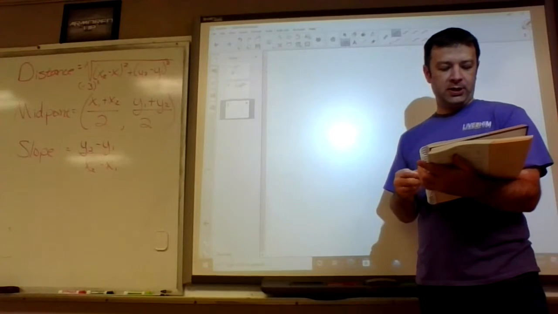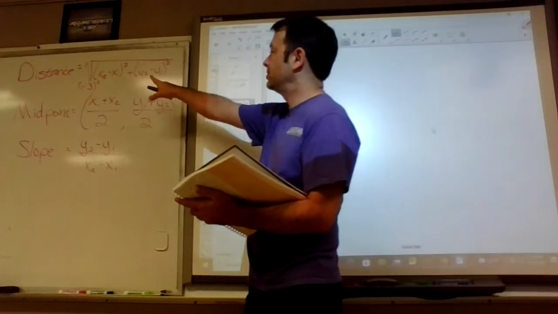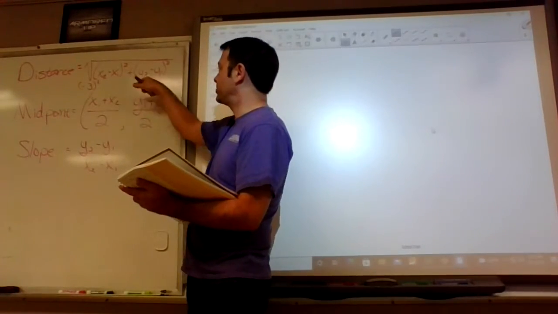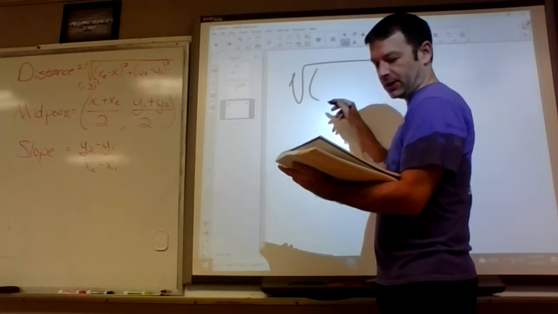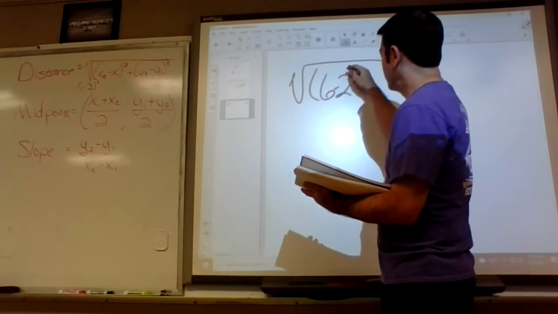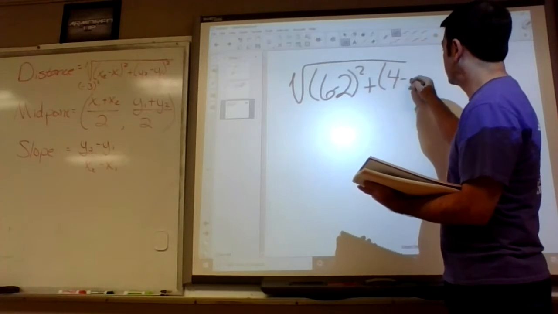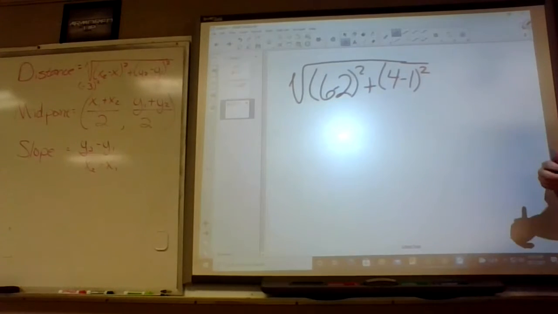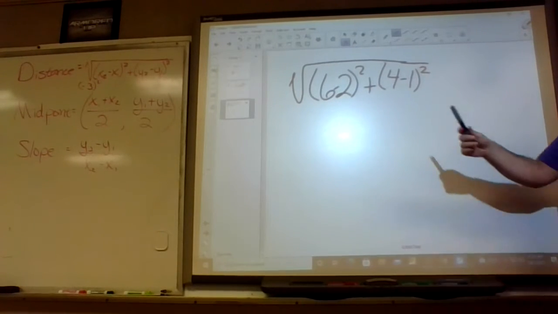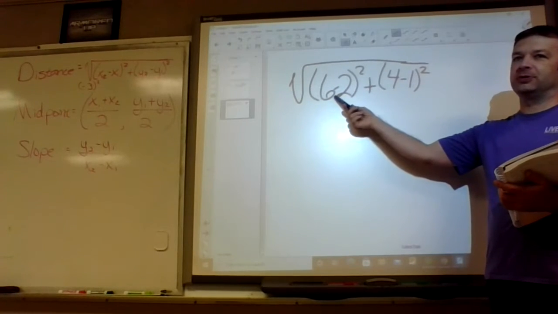On number 1, I'm using the distance formula, so it's x minus x squared plus y minus y squared. So it's 6 minus 2 squared plus 4 minus 1 squared. Just plugging numbers in, right? The x's I put here, the y's I put here. What's 6 minus 2? 4.